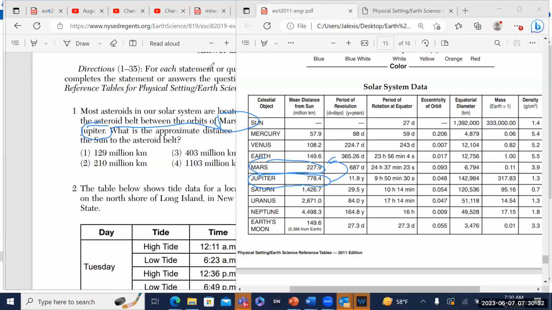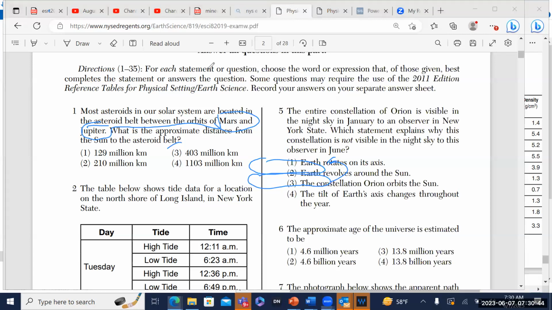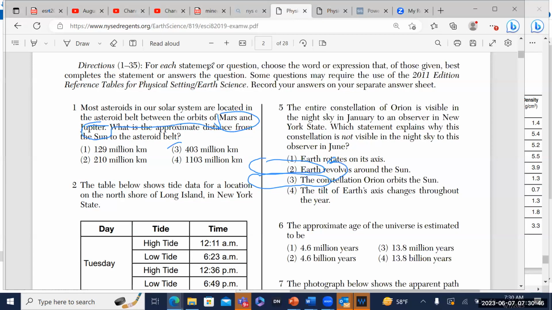Which choice gives me a number in between? It's going to be choice 3, 403 million.